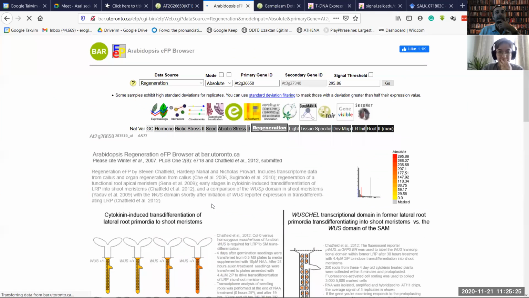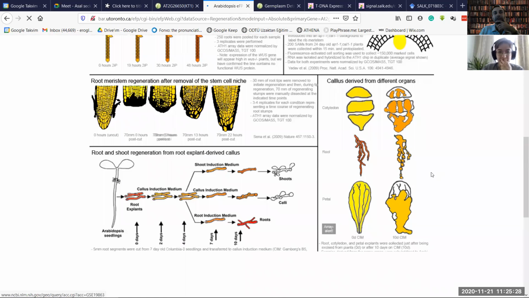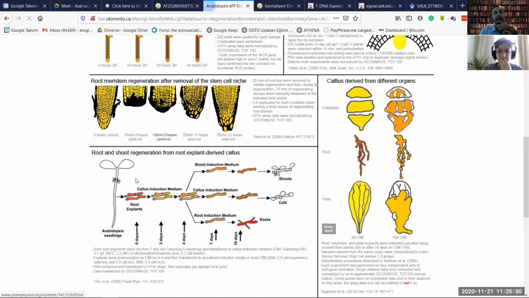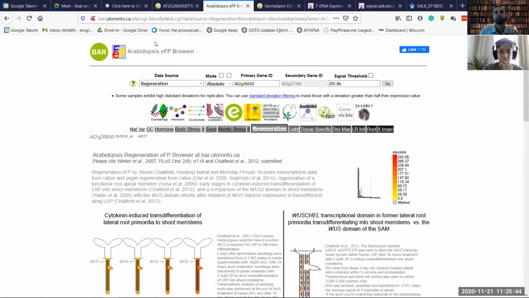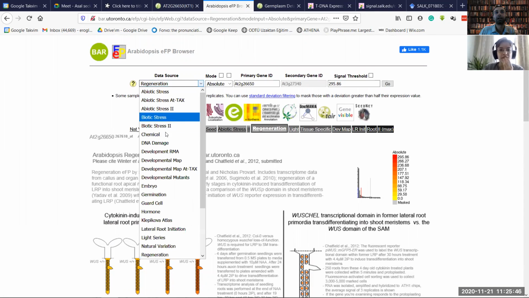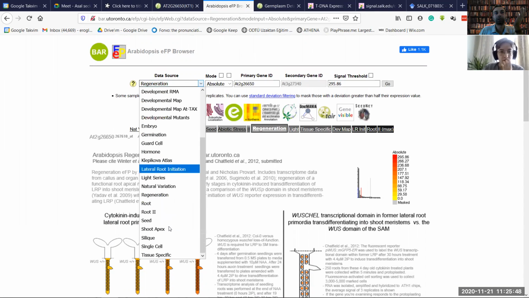Like very different conditions you can find expression. So this is, for example, where they cut the pieces and do tissue culture, and how the same gene is expressed under different tissue culture conditions and so on. There are a lot of things you can look for.